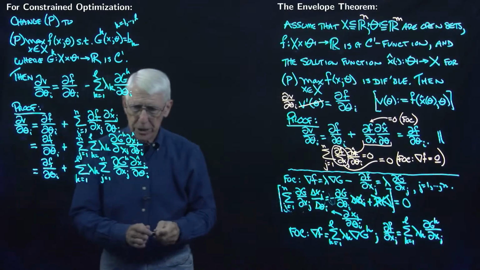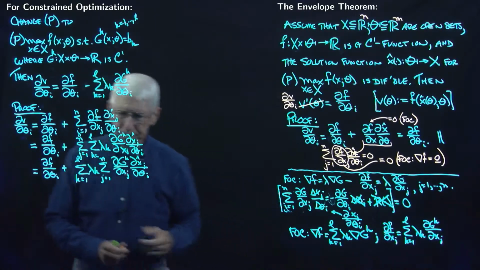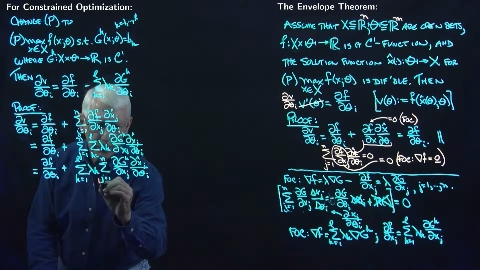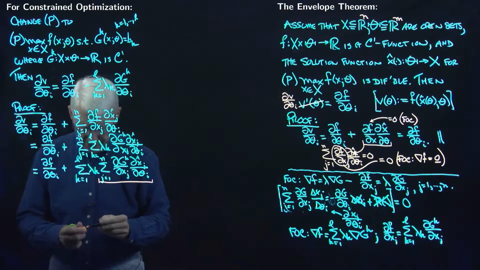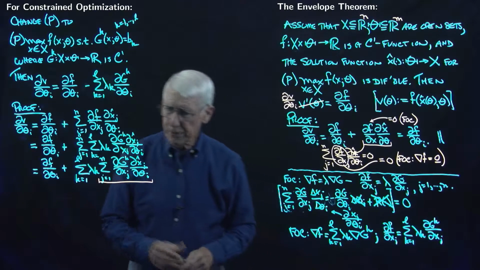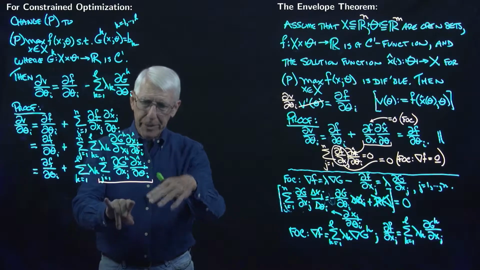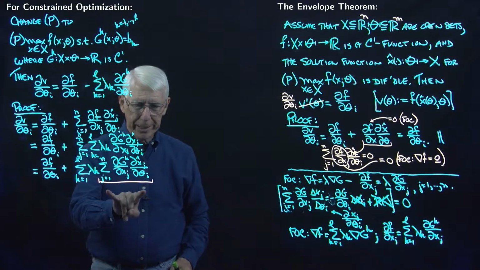And now, of course, this part here is the same as the part that we transformed in the previous version of the proof with only the one constraint.